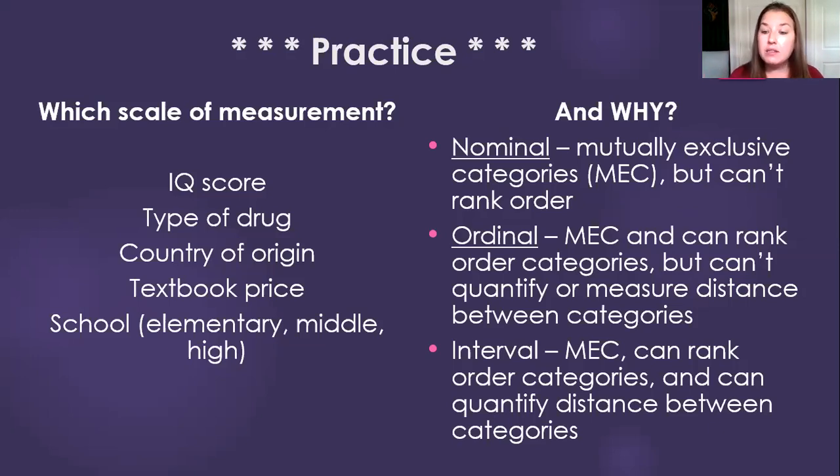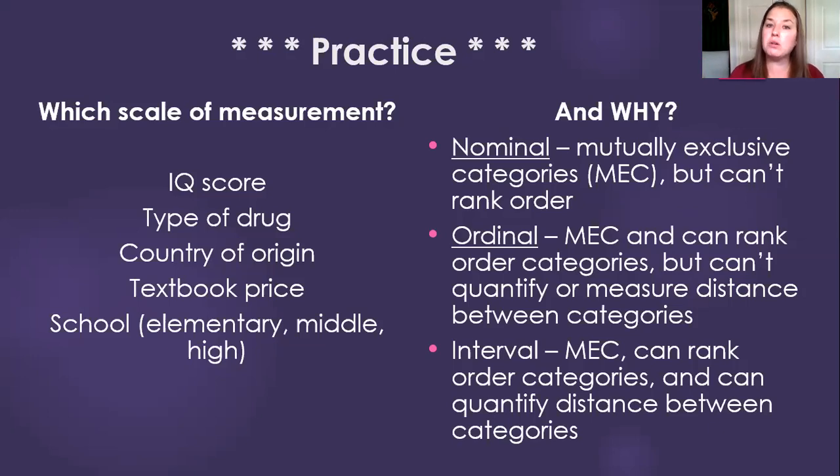But we can't measure the distance between those categories, right? We can't say how many years are there between elementary and middle, or between elementary and high school, because we don't know what year somebody is in within elementary or within middle, etc. So there's no obvious way to quantify the distance between categories.